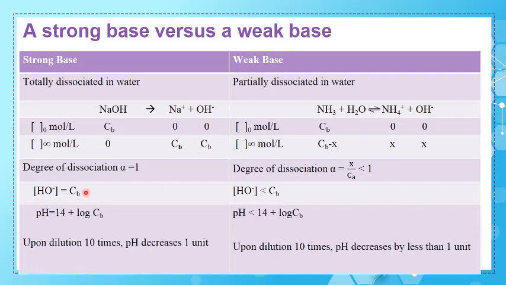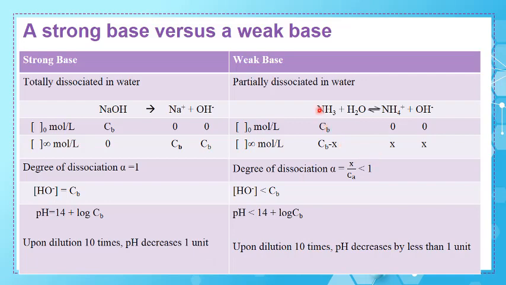So the concentration of OH minus is equal to Cb, the concentration of the base, and the formula pH equals 14 plus log of OH minus concentration can be written by replacing OH minus concentration by Cb. Upon diluting a strong base solution 10 times, the pH of the diluted solution decreases by 1 unit with respect to the initial solution.